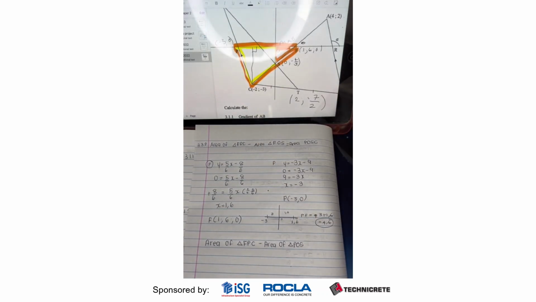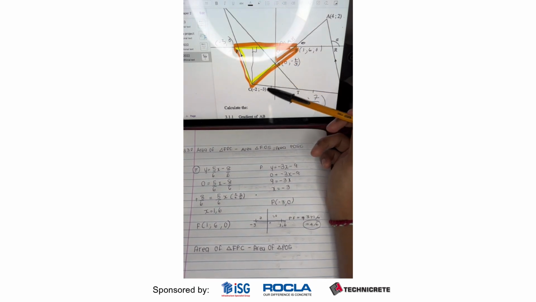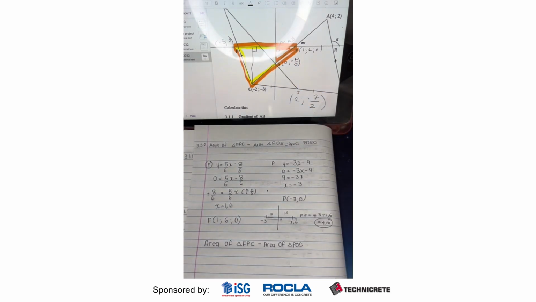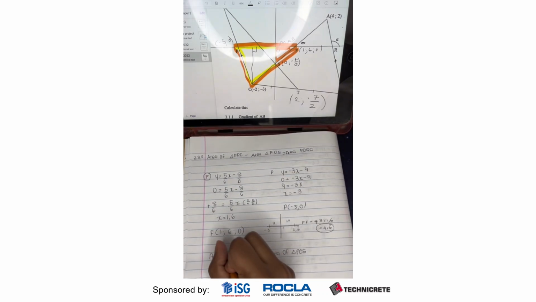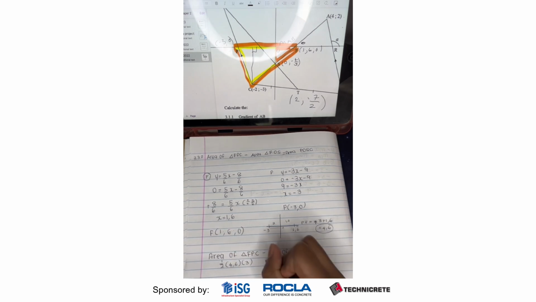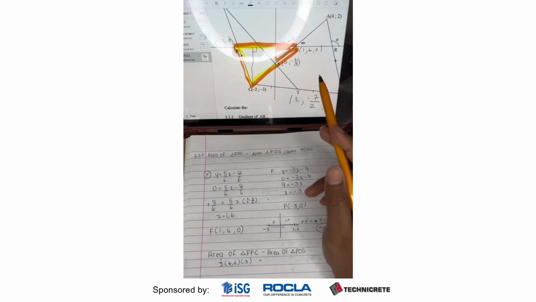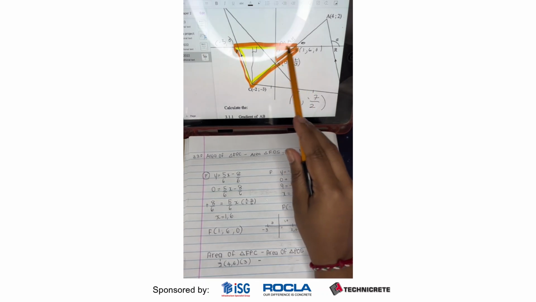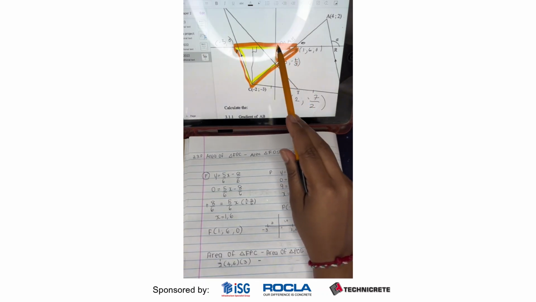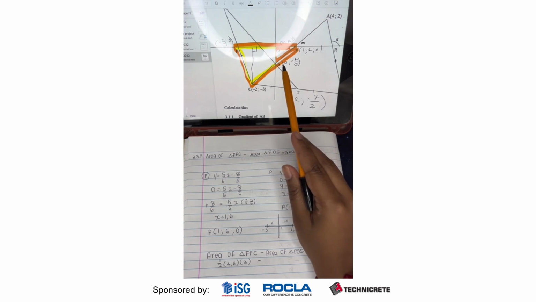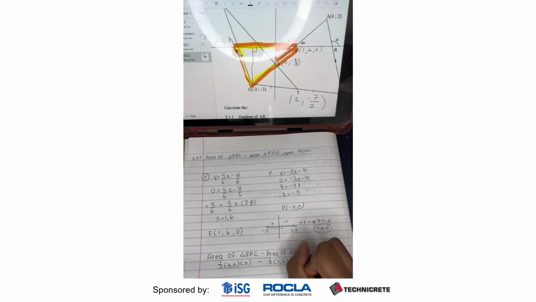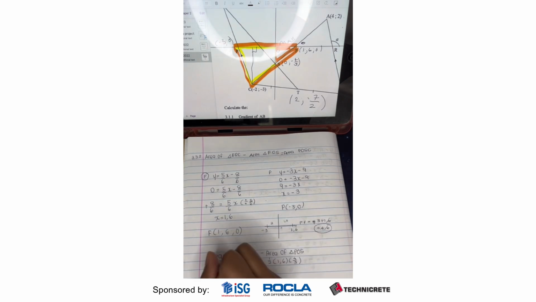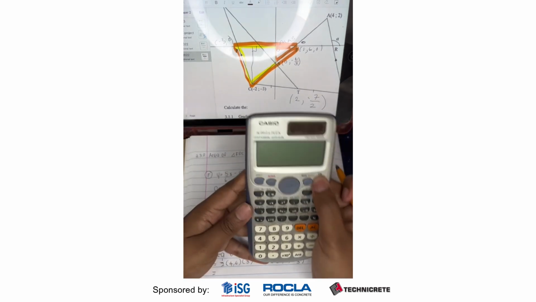So from 0 to 3. Remember, now we are using y values. So that is going to be my height. So for my first triangle, it's going to be half times 4.6 times 3. The next triangle, which we are subtracting, is OFS. So I can see already the base is going to be 1.6 and my height is going to be 4/3. So half of 1.6 times 4/3. Let's solve the first part.